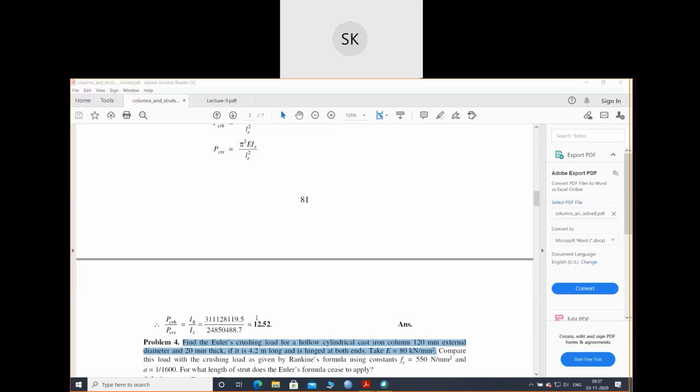It is very important for this chapter to know how to find the I value. Once you know the formula, you can easily find. For plane figures, it is the same throughout this question. You may get a section of I, you may get a section of H, so you should know how to find the I value for those sections. Yes, tell me the answer.